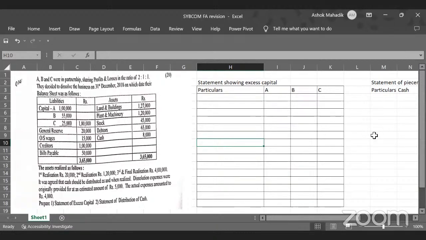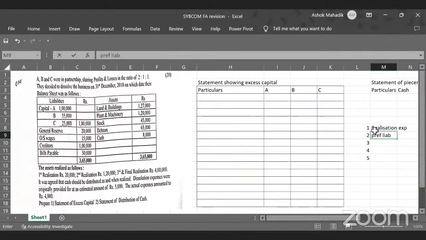So I'll just write one order here, just for your understanding. First, we pay realization expenses. Then we pay preferential liabilities.